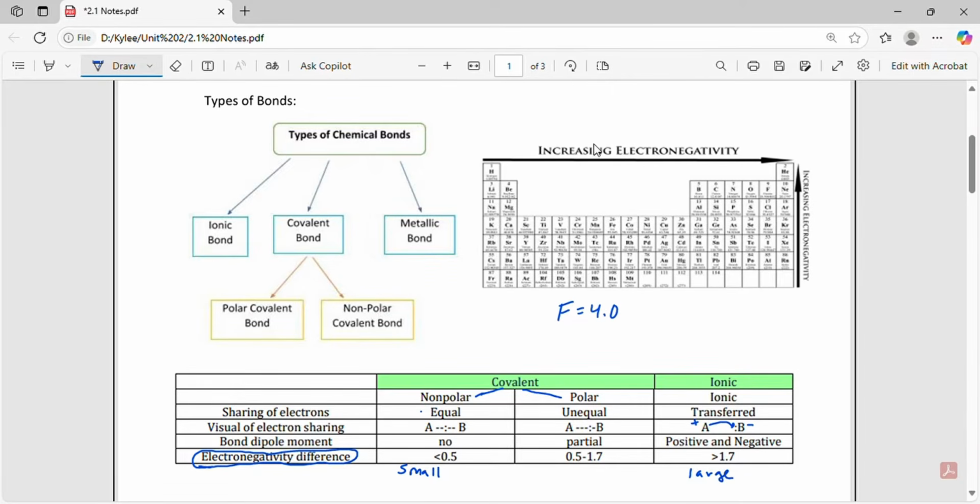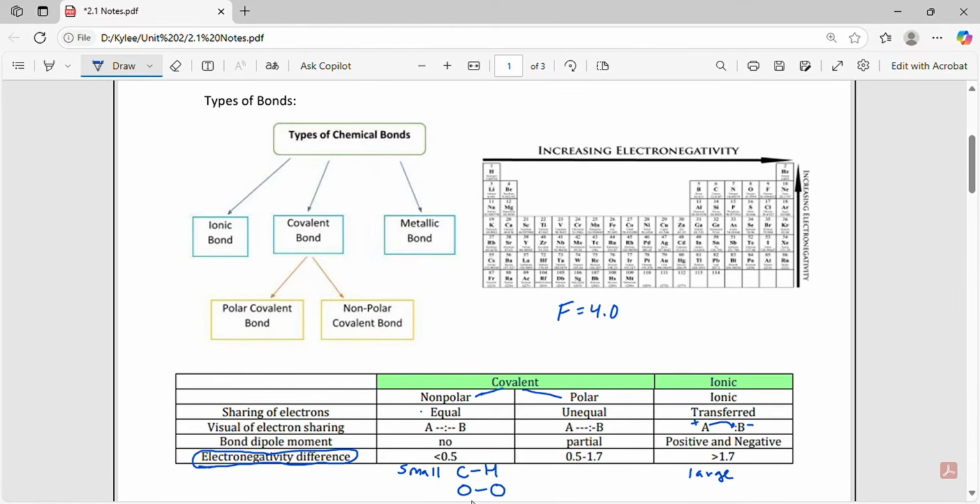On most accepted values, that's going to be a difference of less than 0.5. It usually happens when carbon is bonded to hydrogen. That's generally considered to be nonpolar. And then anything that's bonded to itself. So for example, if I had two oxygens bonded to each other, it would be like twins in a tug-of-war.